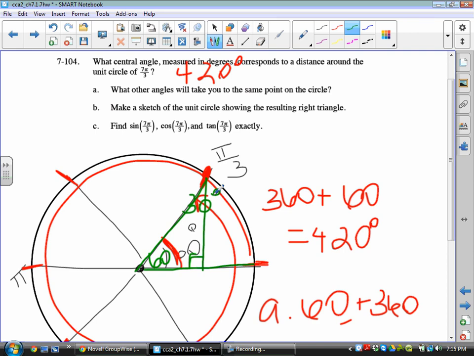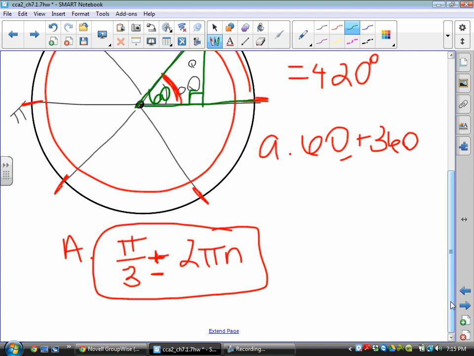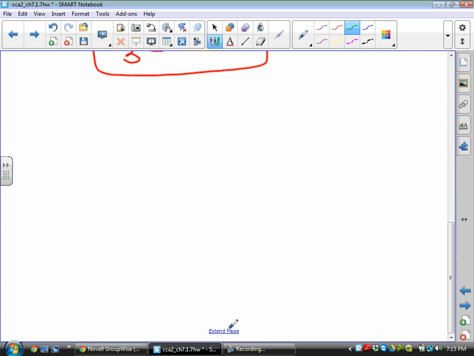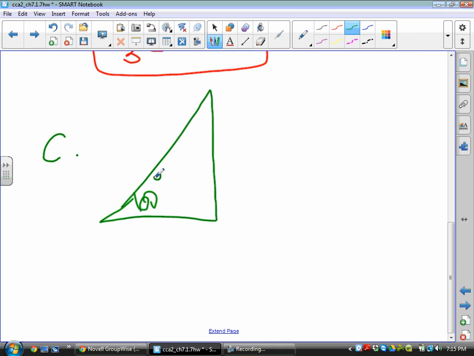So find the sine of 7 pi over 3. Let me talk about the relationship between the angles. I know it says to be inside the unit circle, but I'm going to draw another triangle just so we can write some more stuff on here. This is the 60 degrees, this is 90, and this is 30 degrees.